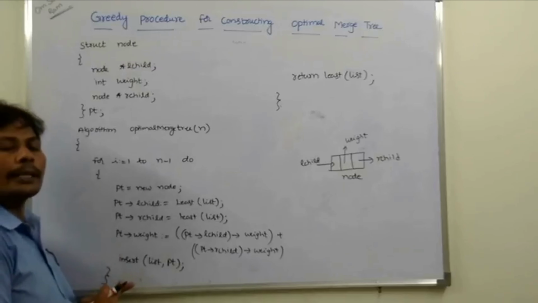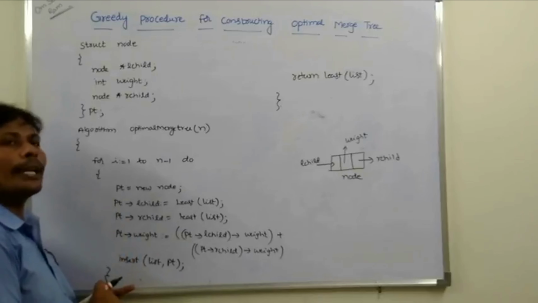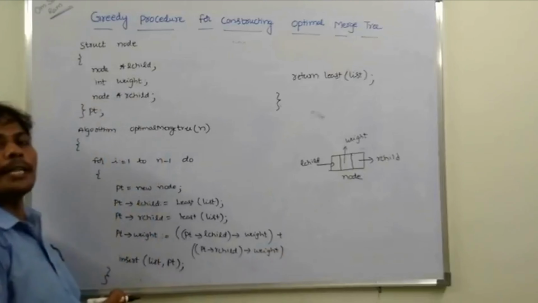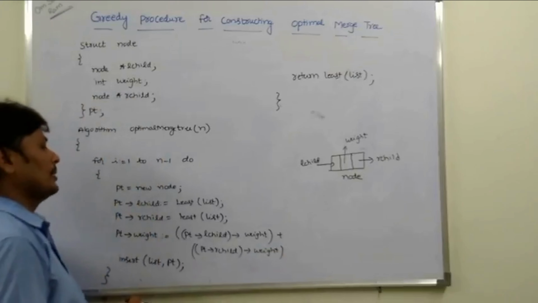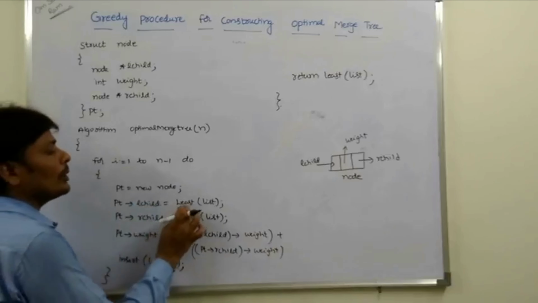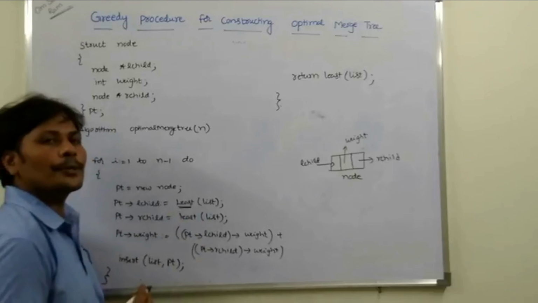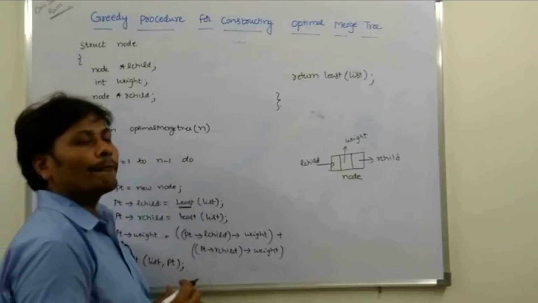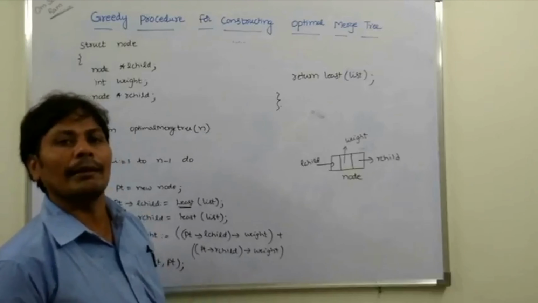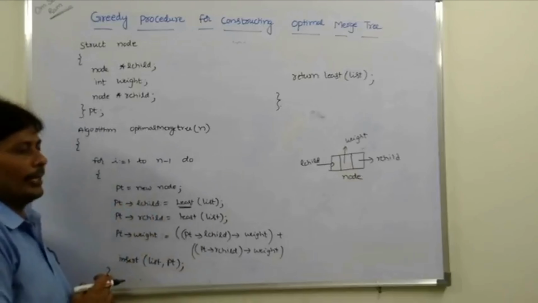The middle part contains the weight value, the left part always points to the left child, and the right part always points to the right child. Next, pt arrow mark left child is equal to list of list. Here the function list is used for selecting the first minimum value from the list. It is removed from the list and assigned to the pt arrow left child.